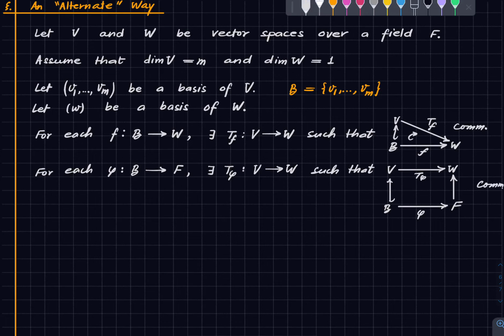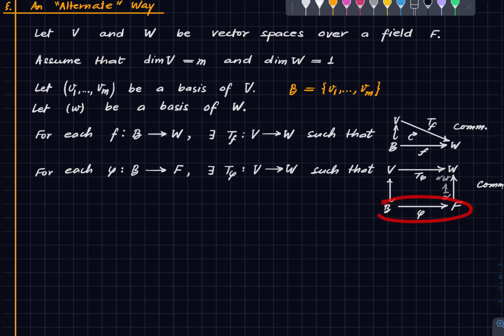What is this vertical map? This vertical map just sends alpha to alpha W. Okay? And note that once you think of F as a one-dimensional vector space over the field F itself, this is a linear isomorphism. So once you identify W with F, this triangular thing becomes this square thing is all that is happening.